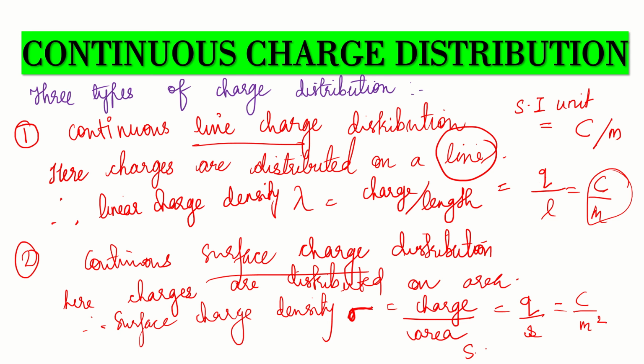So the SI unit is coulomb per meter square. So here charges are distributed on area. Surface charge density is sigma, charge by area, which is equal to Q by S, which is coulomb per meter square, the SI unit of continuous surface charge distribution.